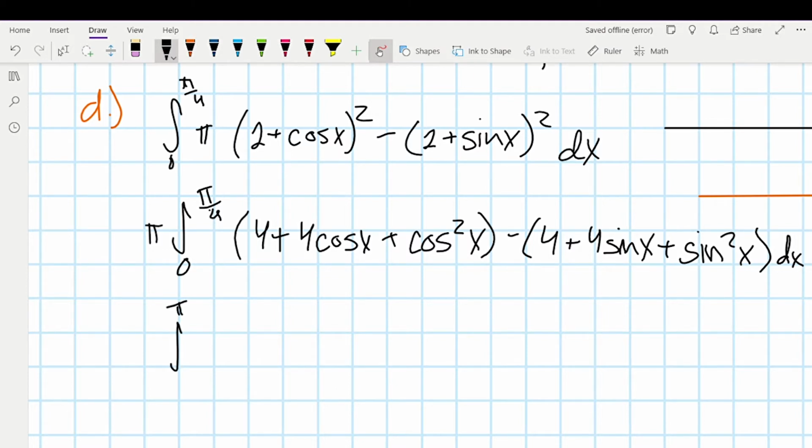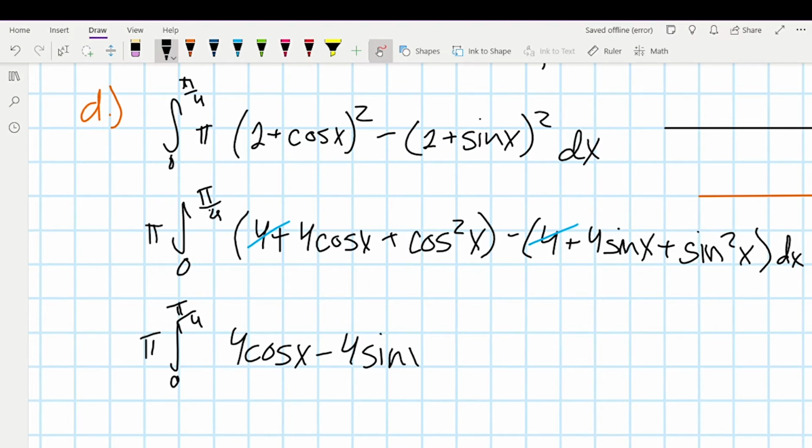So now we're just going to cancel out anything we can cancel out and move things together that can go together, so it's just a little bit more simplified. So we know that this 4 minus 4 will just cancel out, and you'll be left with 4 cosine x minus 4 sine x.